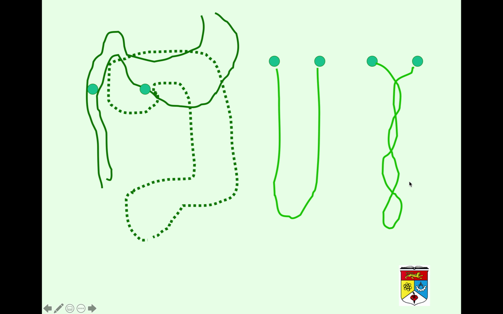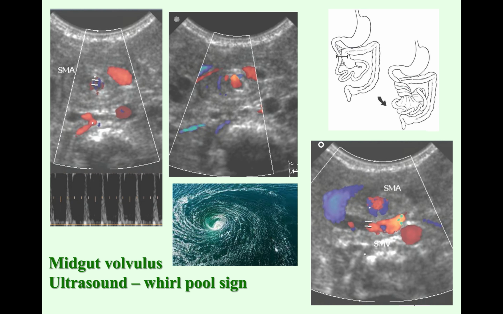Okay, so that's when midgut volvulus happens. A short mesentery makes it easier to twist, and the vessel is within here, so the vessel is also compromised, causing bowel ischemia.